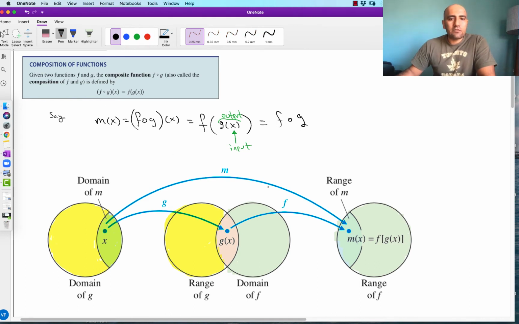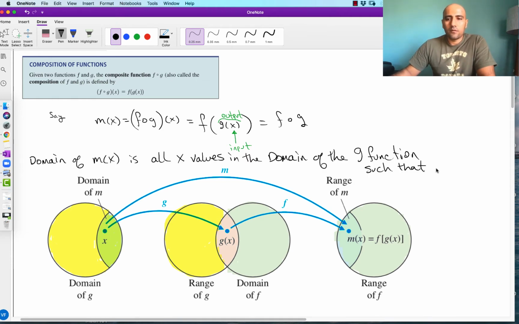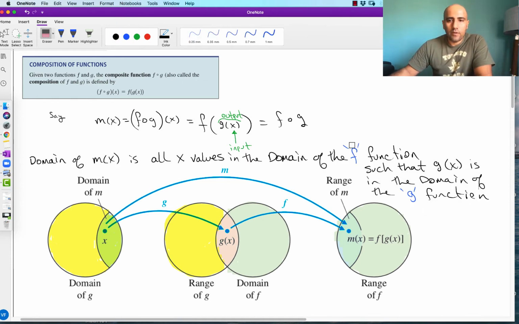Okay, so looking at this picture, when we want to find the domain of m, the domain of m of x is all x values in the domain of the g function, such that g of x is in the domain of the f function. Okay, so let's look at this picture.